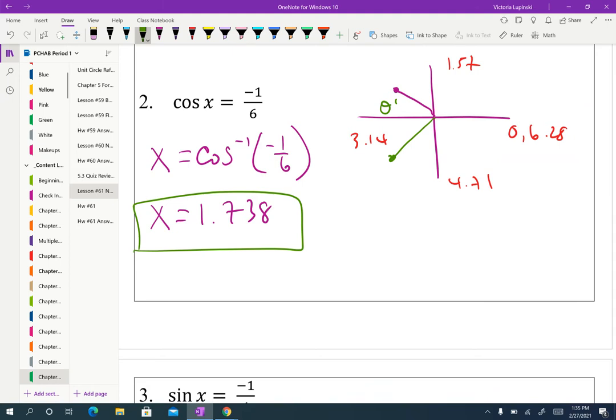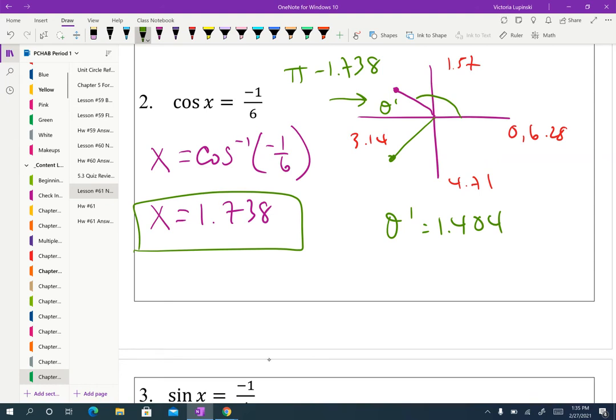If you want to find that angle right there, you have to take the entire angle, which was 1.738, and subtract it from pi. So pi minus 1.738 is going to give you the reference angle, and the reference angle in this case is 1.404.